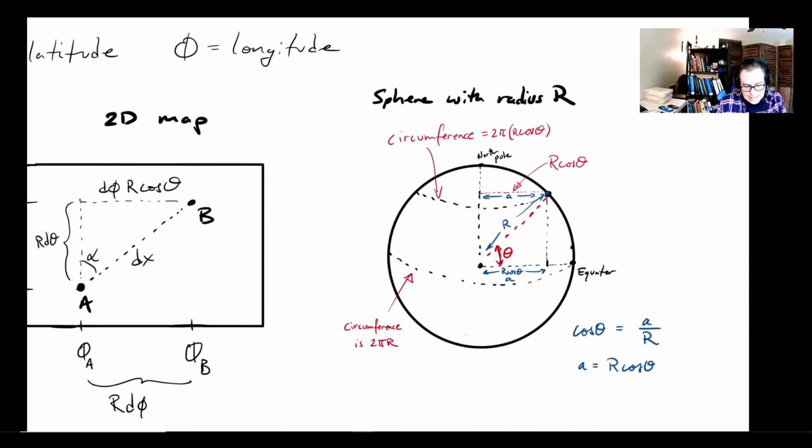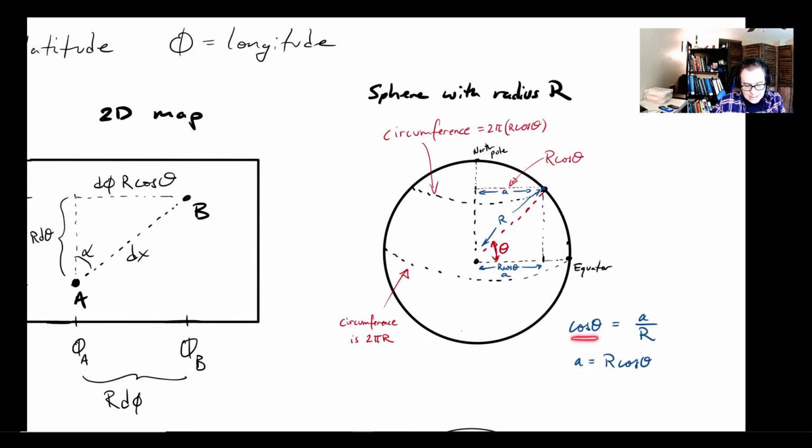What I'll do is I'll say that the cosine of that latitude is the adjacent side over the hypotenuse of this triangle that is contained within the sphere. Cosine would be the adjacent divided by the hypotenuse. In this case, the adjacent, I'll just momentarily call that A, and say it would be that distance A divided by the radius, because this is from the center of the sphere out to a point on the sphere. So that's radius r.